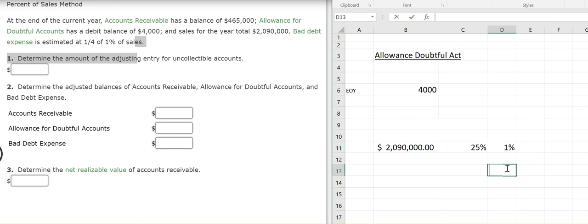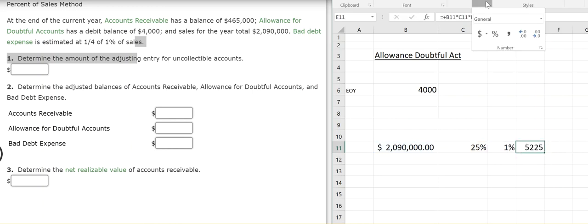All right, so let's just multiply the amount of sales times 0.25 or 1/4 times 1%, and that will give me the amount. This will be the amount of bad debt expense.